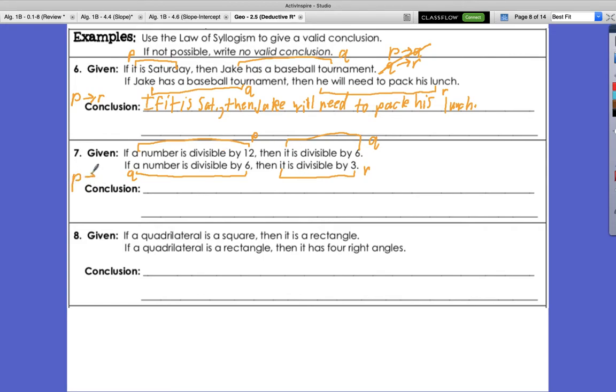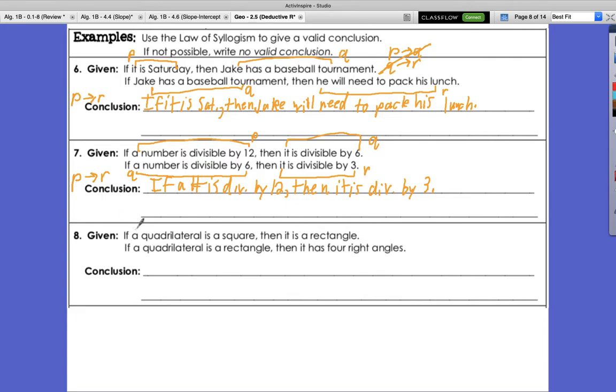So we can say, hey, if P then R. If a number is divisible by 12, then it is divisible by 3. And that is a true statement.